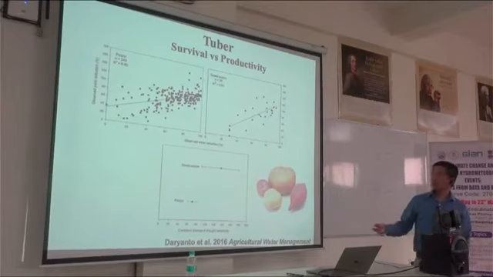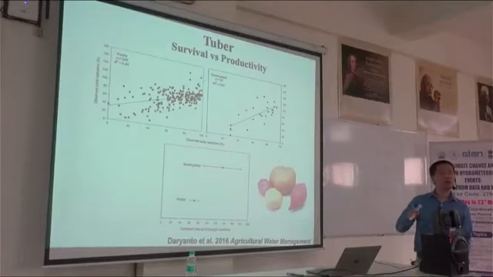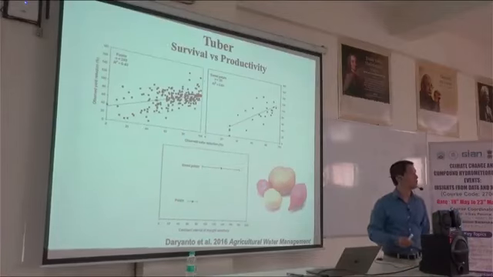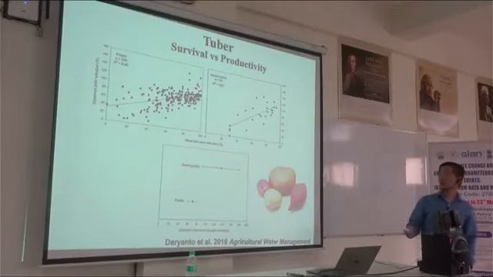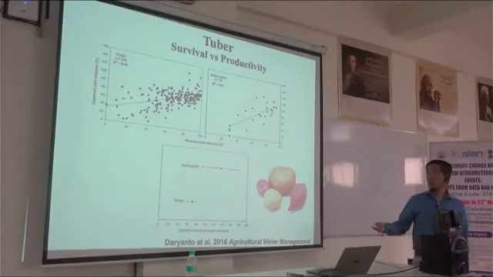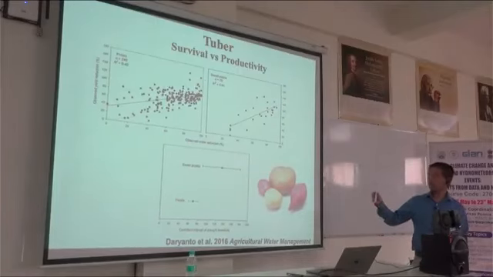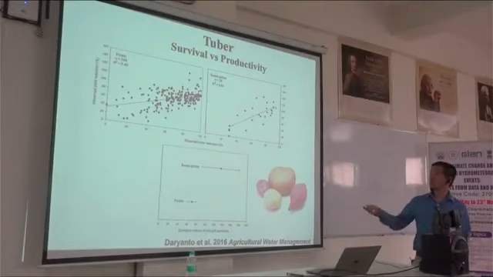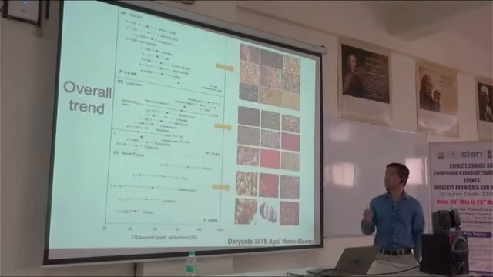But what our results tell us is that sweet potato probably is a hardy plant in terms of survival. They don't die if you have a drought condition, but that doesn't mean they will produce food, right? Their survival is pretty strong, but they don't really have a high yield potential if you have a drought condition, right? That is a key message for this comparison.